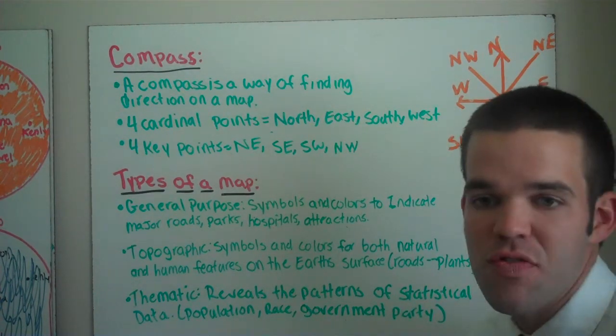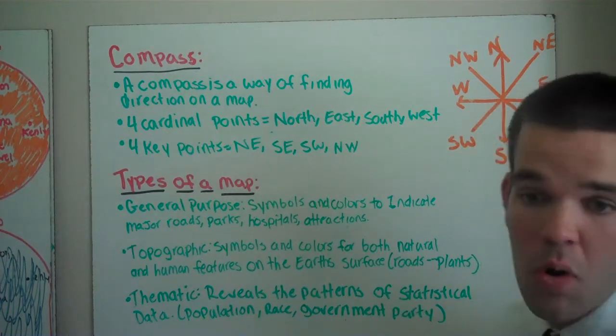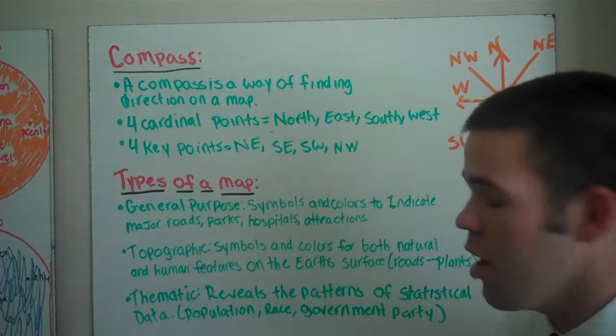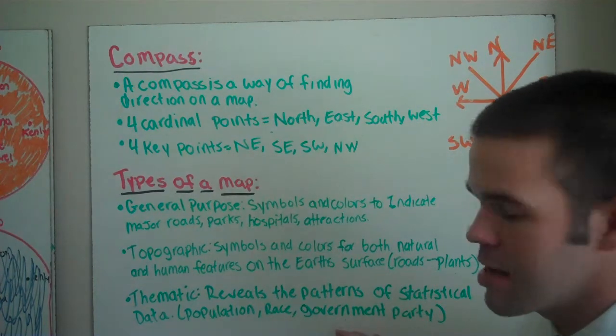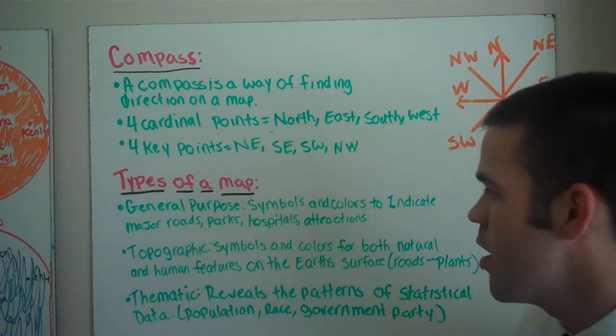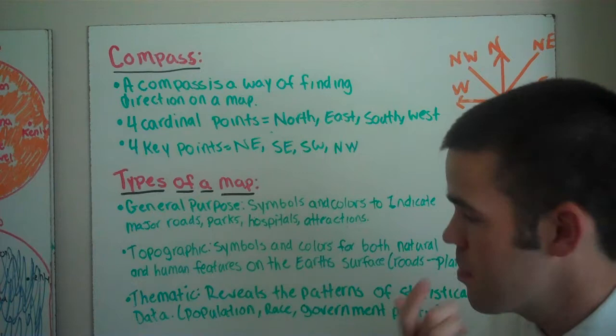It can also be used for other things like what sports a group plays, what clothing a group wears. It determines a lot of different data for an individual area.